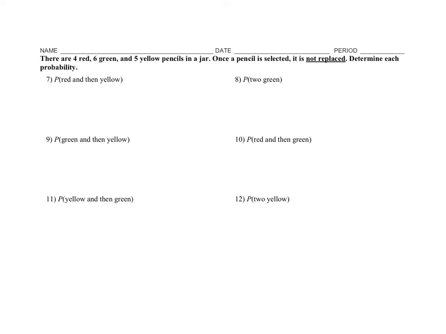So, for example, number 7. We're going to do a red pencil and then a yellow pencil. So my red pencils are 4 out of 15 pencils total, right? So if I pull that red pencil out, this is like the highlighter example, how many pencils are left? Well, there's 14 total for the yellow, okay?